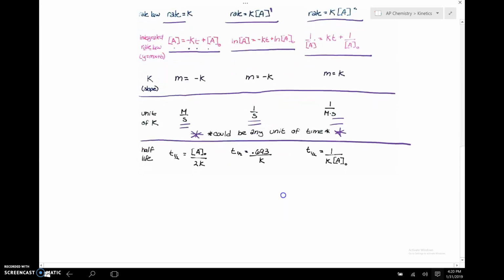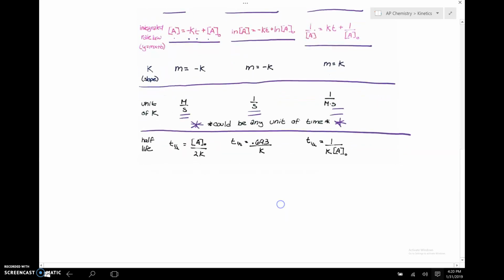And then the last piece here is about half-life. Half-life should always be in a unit of time: the amount of time that it takes for half of whatever substance we have to be used up. These are the equations.